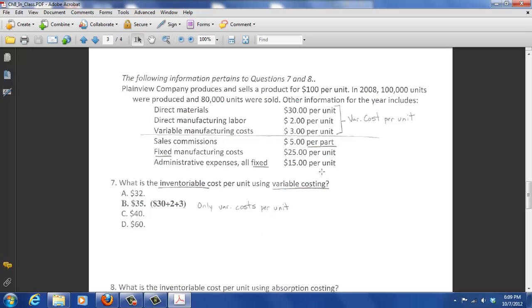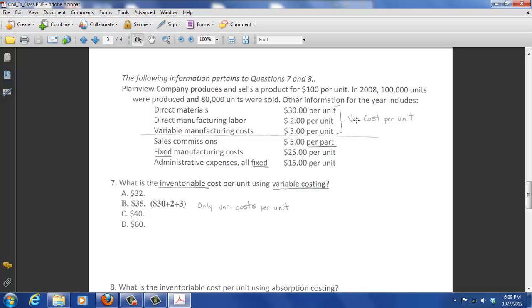Moving on to questions 7 and 8. This information here for Plainview Company applies to both of these problems. First off, we are asked, what is the inventoriable cost per unit using variable costing? And we know in this case that we're just considering the direct manufacturing costs, direct materials, direct manufacturing labor, and then also the variable manufacturing costs here.